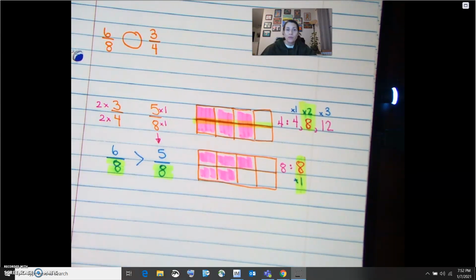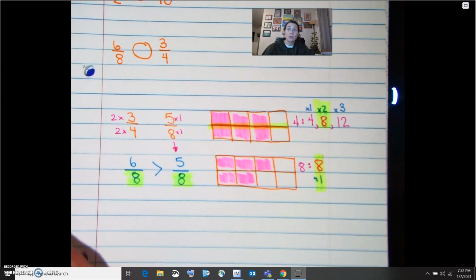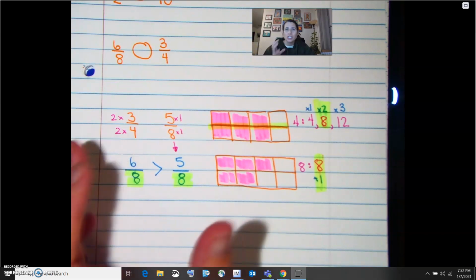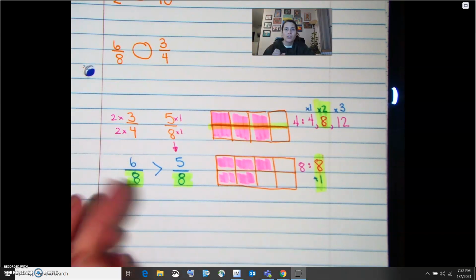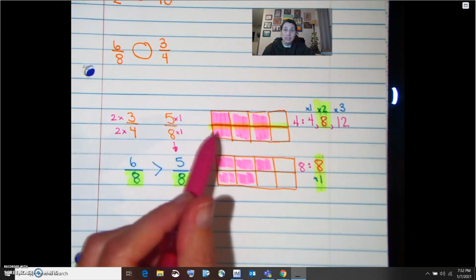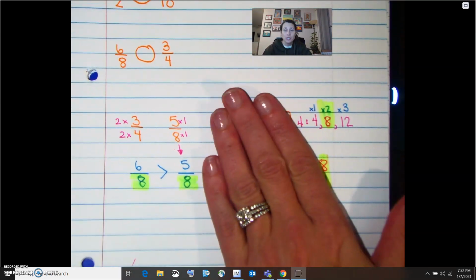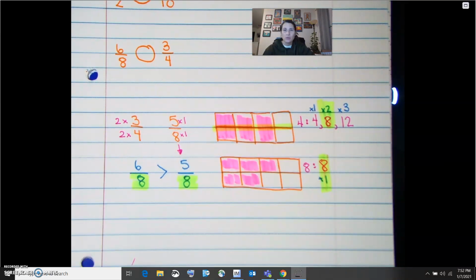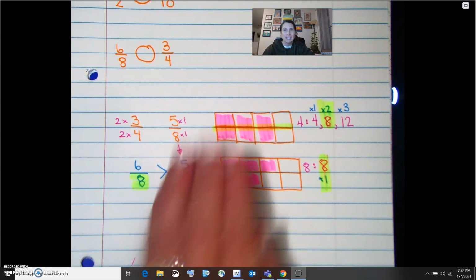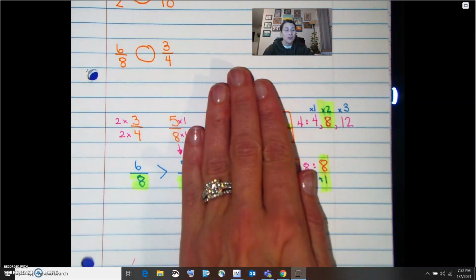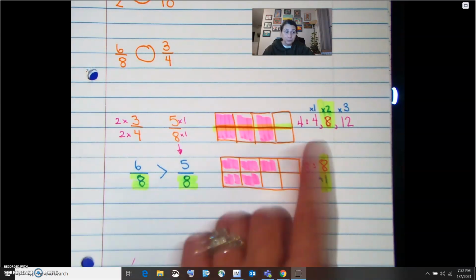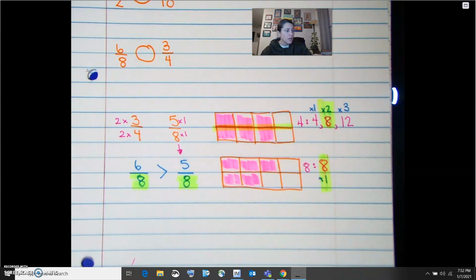So I'm going to show you a few more with pictures to kind of get you to realize that we're not changing the size of the shape. All we're doing is changing the size of the pieces so we can compare better. Because when we don't have the picture, it's a lot harder to imagine. So having the picture really helps, but drawing the pictures takes time and sometimes they're not so easy to draw. So that's why we are really practicing our common denominators.